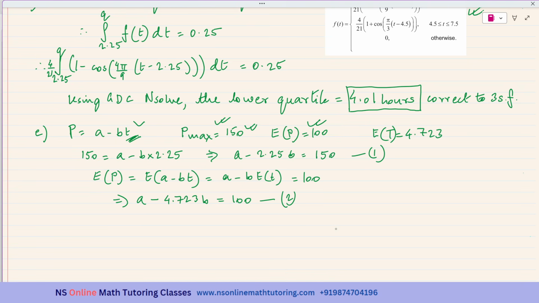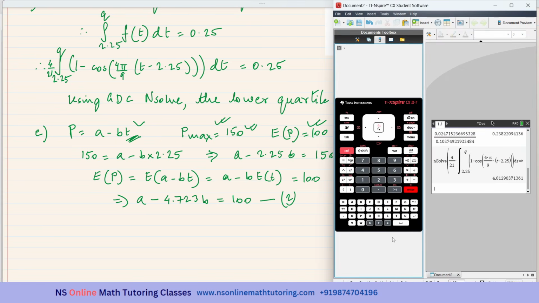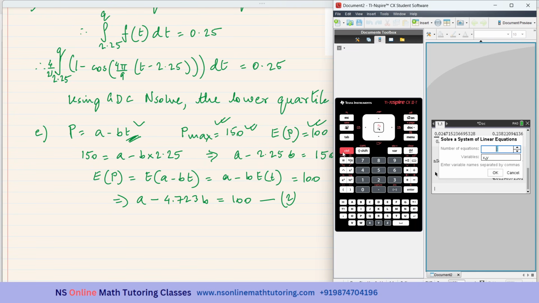Now we have to solve these two. So on the calculator, press menu, then algebra number 3, and then solve system of linear equations, that is number 2. The number of equations is 2, and you can keep the variables as x and y, or else you can change the variables to a and b as well.